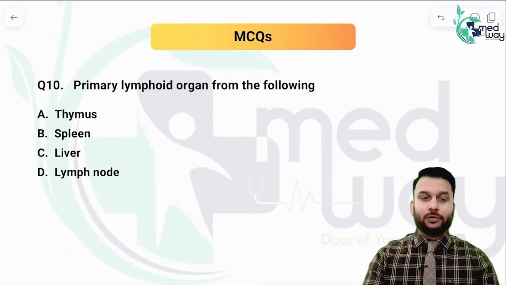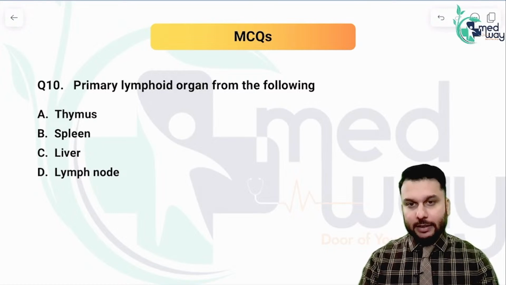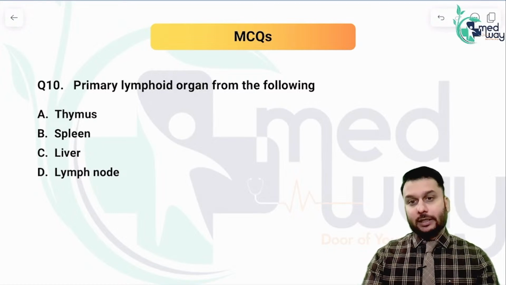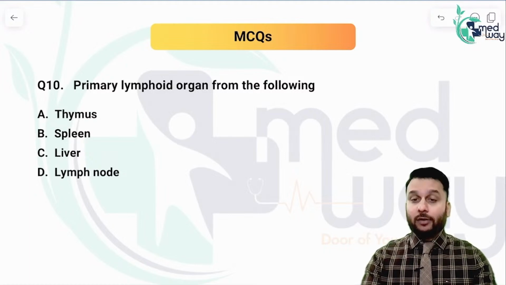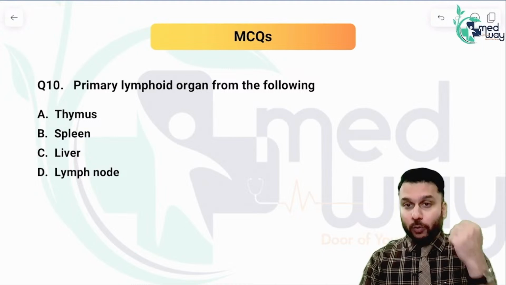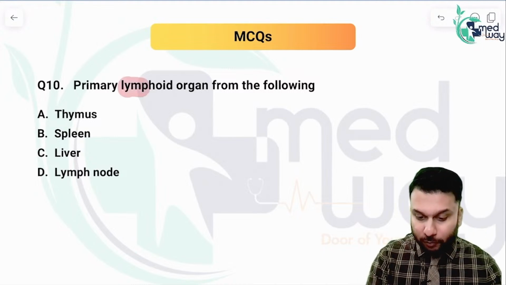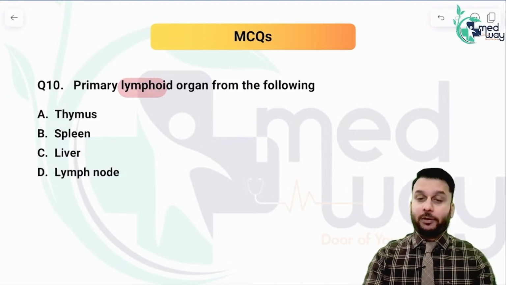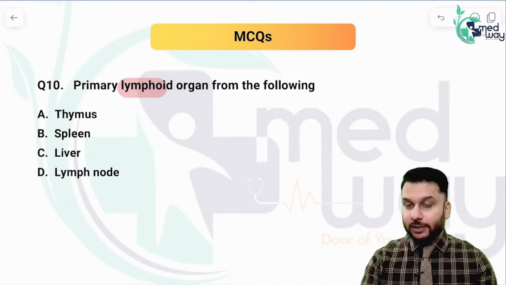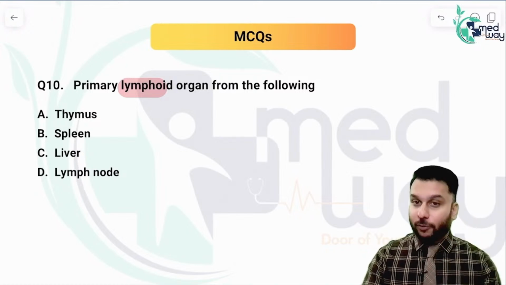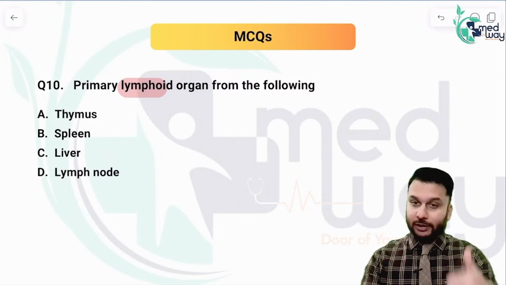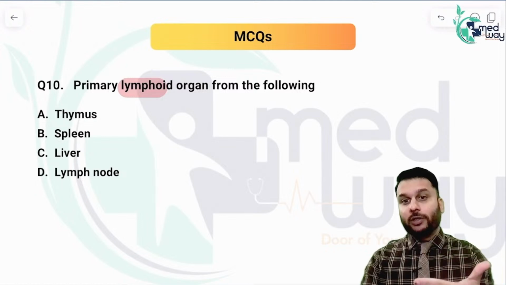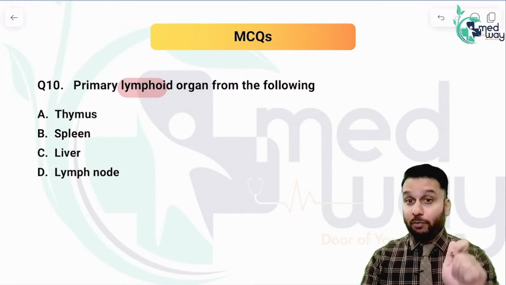Next question here is very straightforward, I would say. Primary lymphoid organ from the following list is. Okay. See, primary lymphoid organs are those organs where our lymphocytes mature. Look at the word lymphoid, that means lymphocytes will mature. There are two lymphocytes, B lymphocytes and T lymphocytes. Both of them are born in the bone marrow.